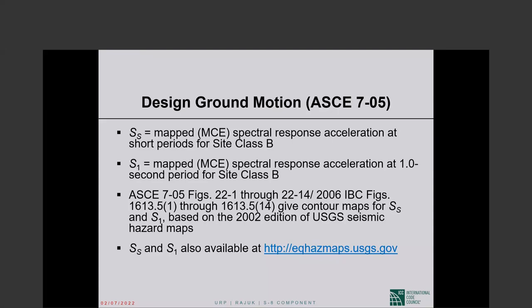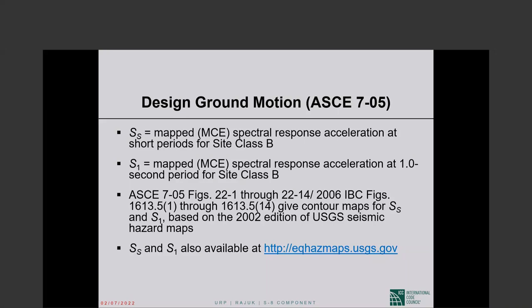And site class B, that refers to the different site classes that are defined in ASCE 7: site class A, B, C, D, E, and F. These have counterparts in BNBC 2020. Site class B is the benchmark site class on which USGS, US Geological Survey, does all their mapping.